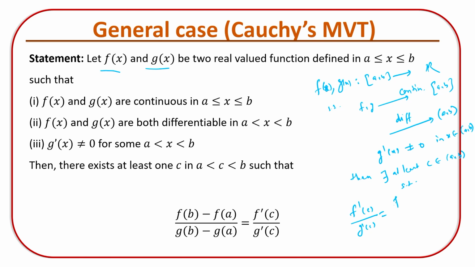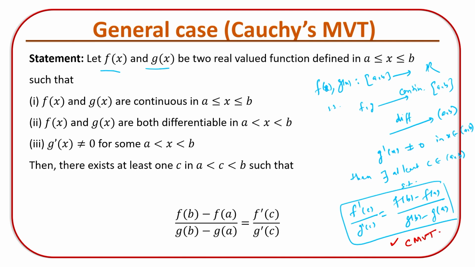That means f of b minus f of a divided by g of b minus g of a. This is the Cauchy mean value theorem in a general case. The particular case is quite different.